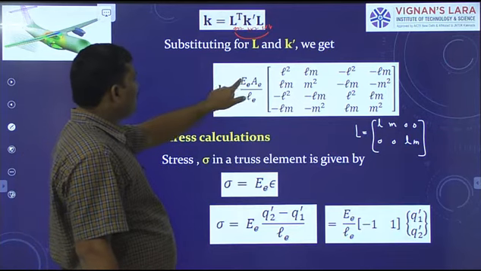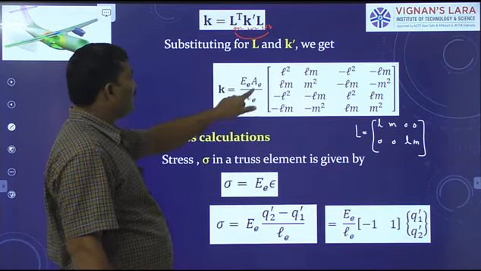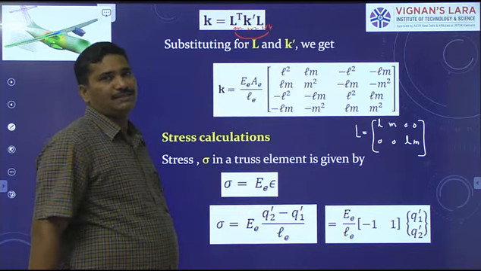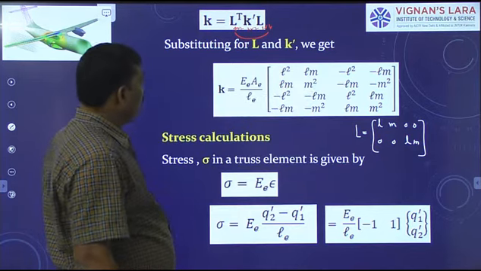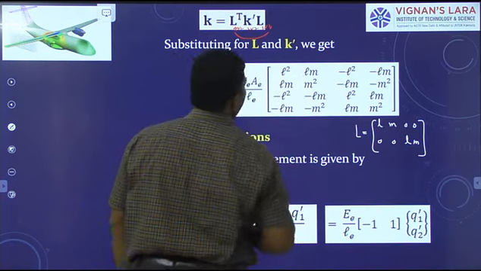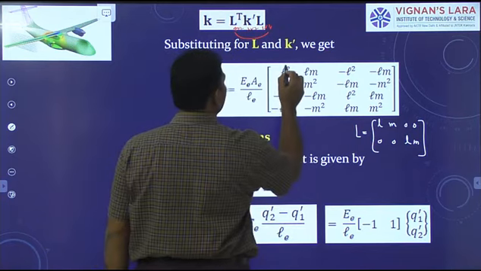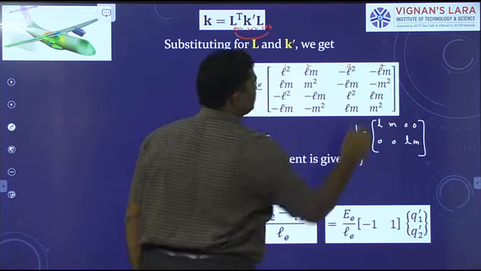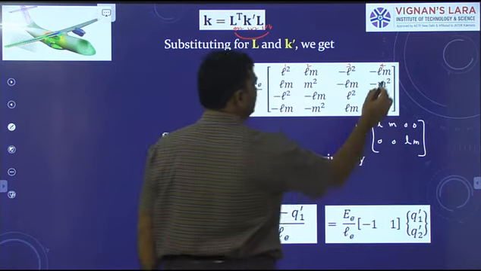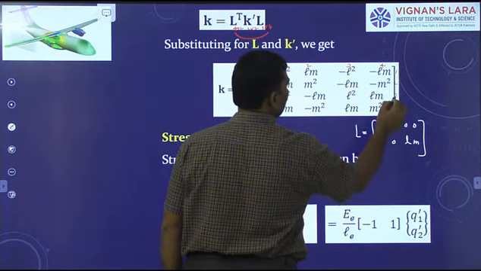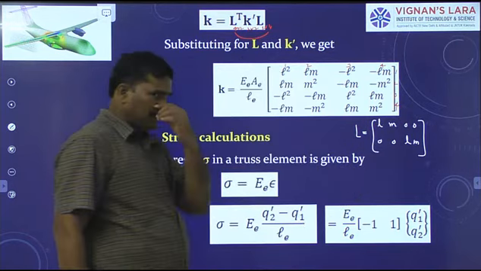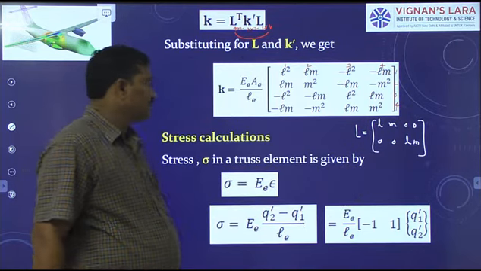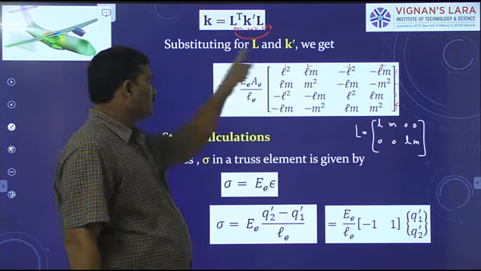K equals EAE by LE into a 4 by 4 matrix. Now these elements, if you observe, correspond to the first, second, third and fourth degrees of freedom. So this we have to remember.